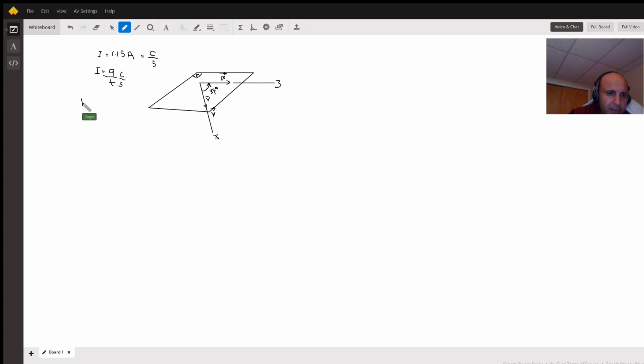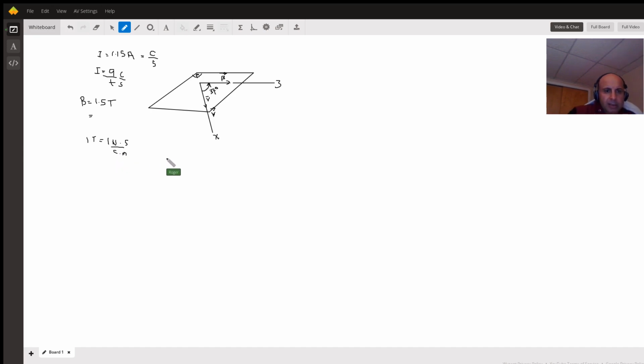And B is given to you as, what is it? 1.5 Tesla. Now, Tesla is the unit of the magnetic field, and Tesla can also be written as 1 Tesla is equal to 1 Newton times second per coulomb meter.